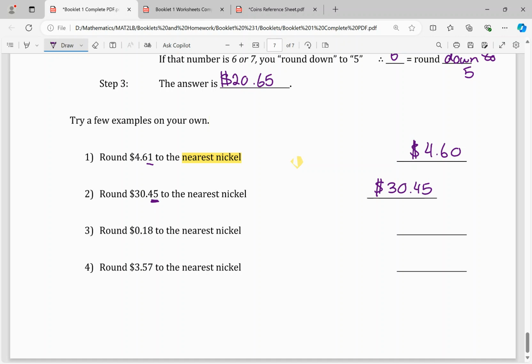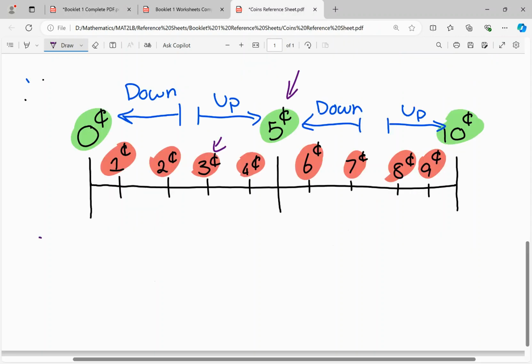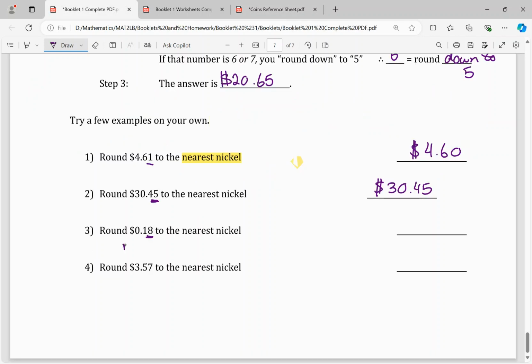Now, we want to round $0.18 to the nearest nickel. So I focus in on that 8. I go to my diagram. Well, if I'm an 8, then I need to round up to 10. Now pay close attention to this.